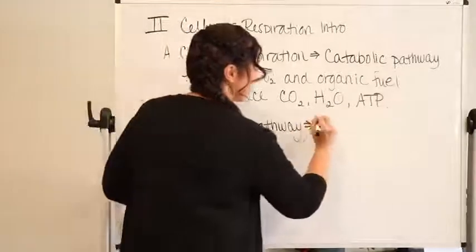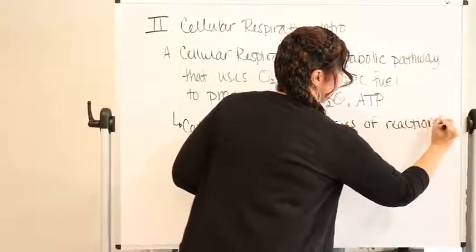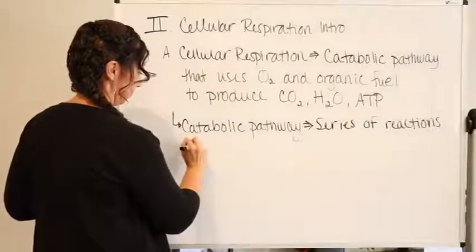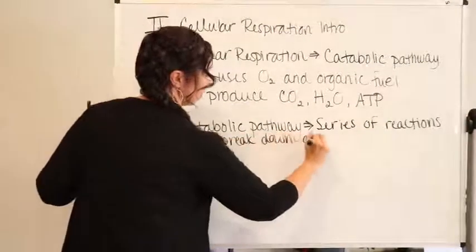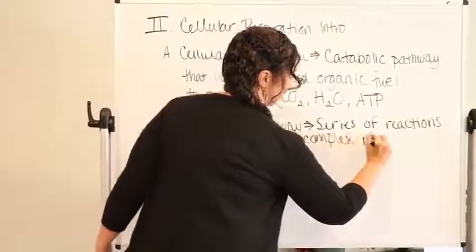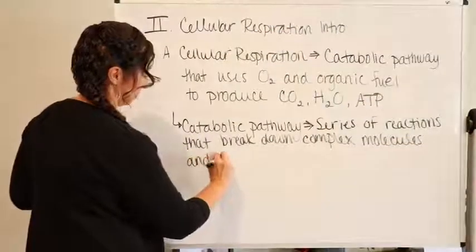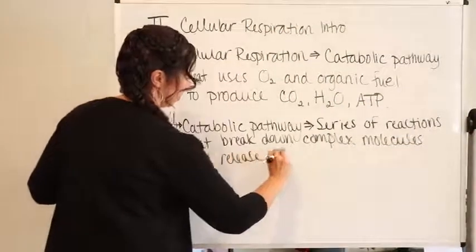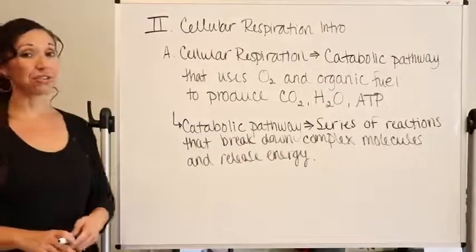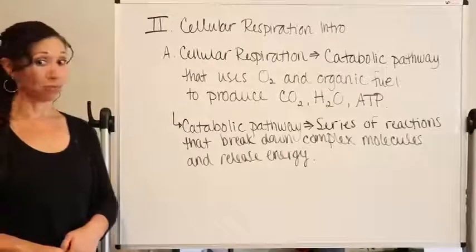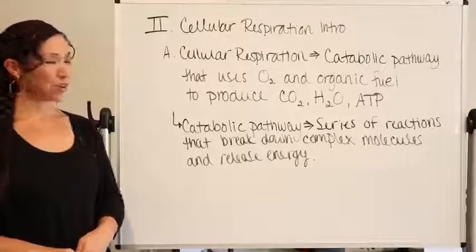So a series of reactions that break down complex molecules and release energy. In this case, this catabolic pathway that we're talking about for cellular respiration releases a lot of energy, so it's great. Now when we're talking about cellular respiration, here's the overall reaction.